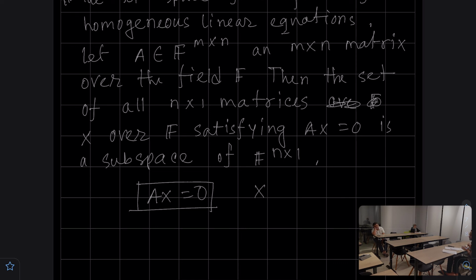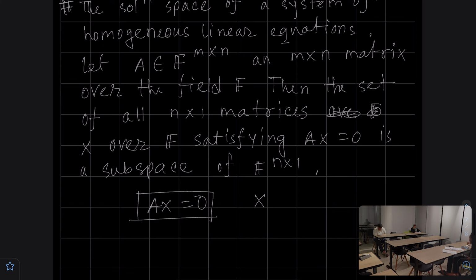First, what is the solution of this system? The trivial solution is the zero solution, right? So that means x equal to 0 is a solution of this system. That means 0 is in this.